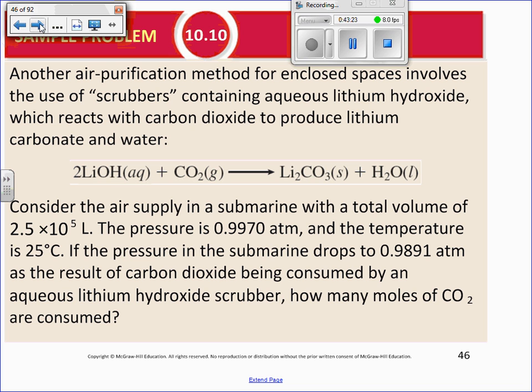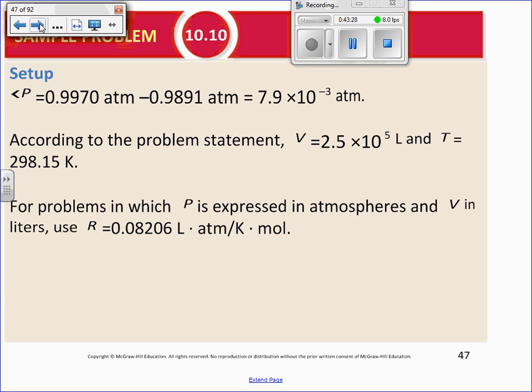The change in pressure, that should say change, not that little arrow. So the change is 7.9 times 10 to the minus 3 atmospheres. The volume was 2.5 times 10 to the 5 liters, and the temperature was 295. And again, because we have pressure in atmospheres, we can use R as 0.08206 liter atmosphere per K mole.